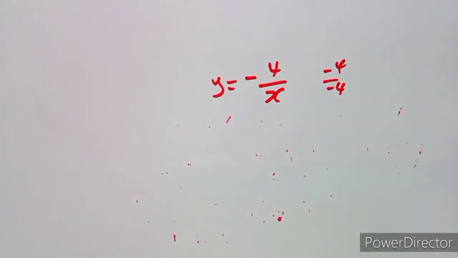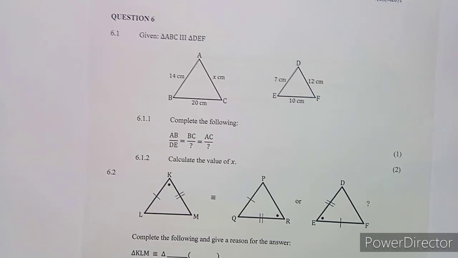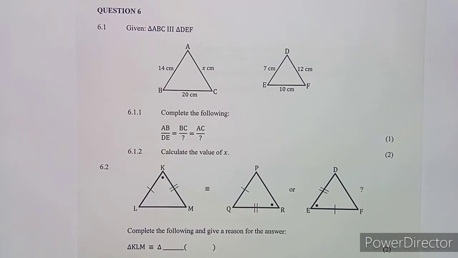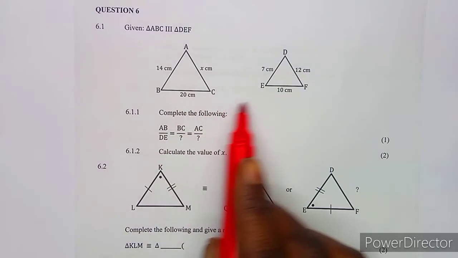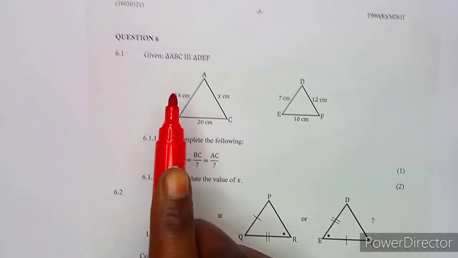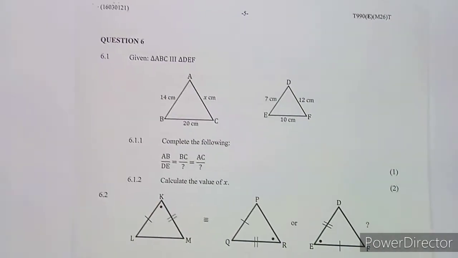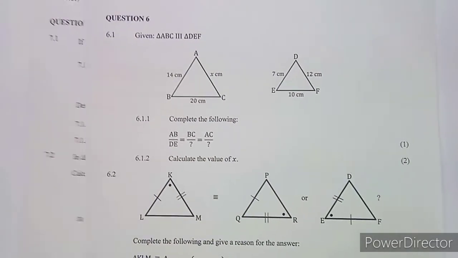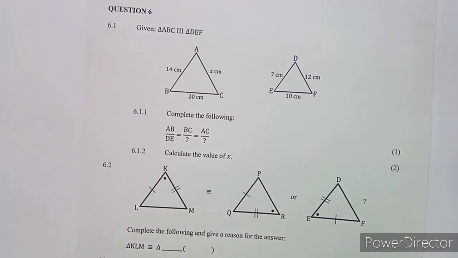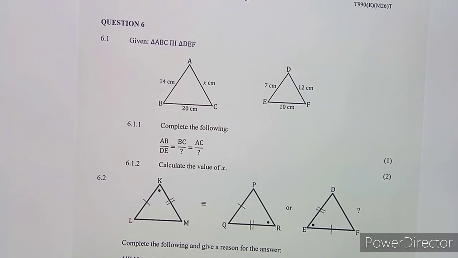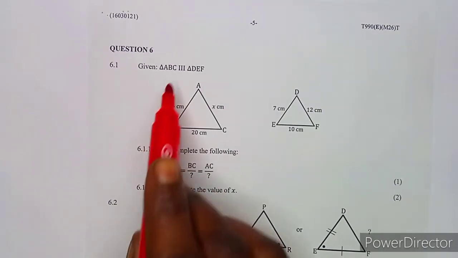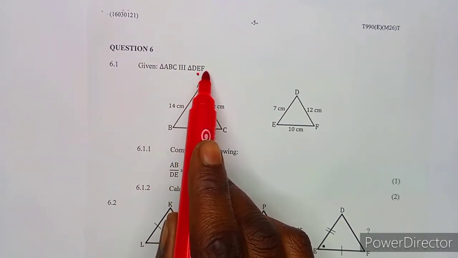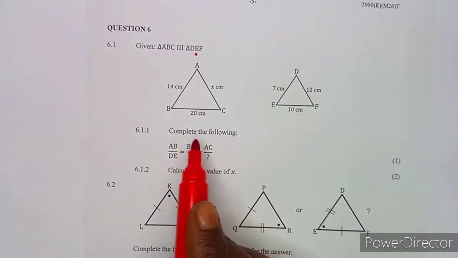Okay, so another question, on question 6, we're asked to complete these ones. It's just a matter of working with it, guys. We know that these are the ratio. Let me just remove this paper beside. On this part, we are given that ABC is similar to DEF, so you know that the ratio of sides is the same.